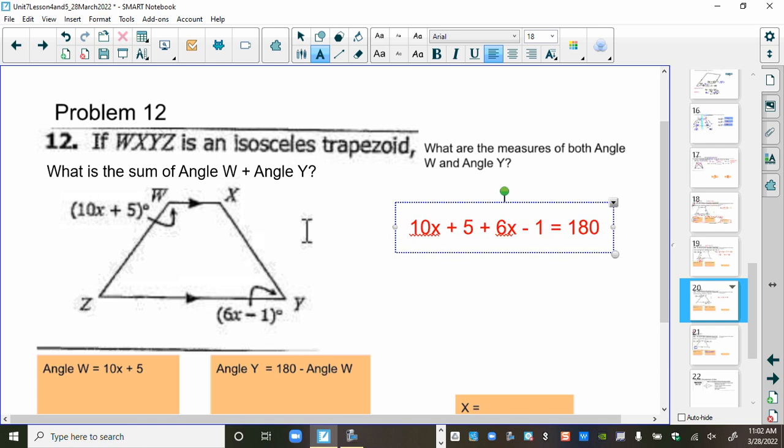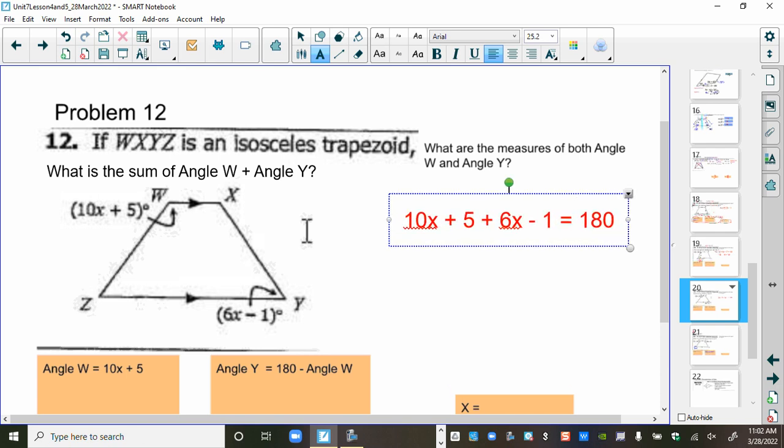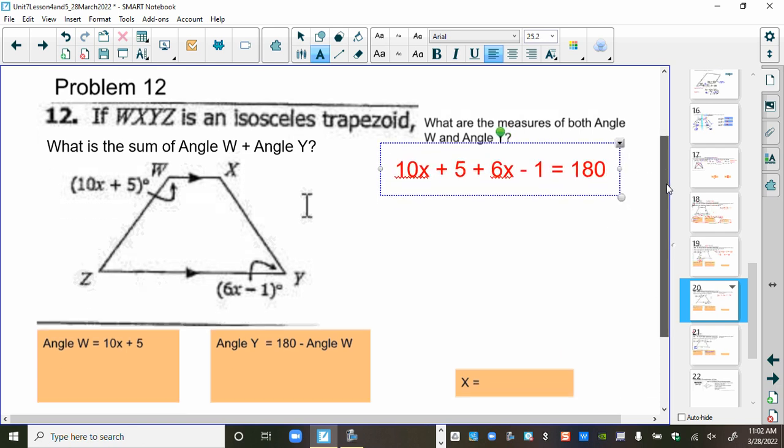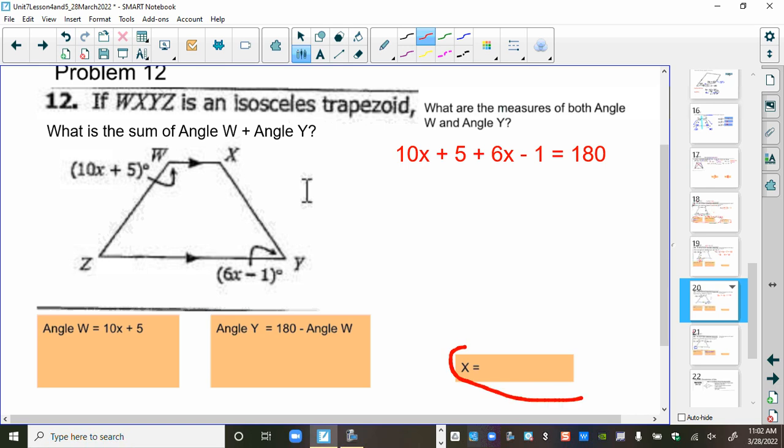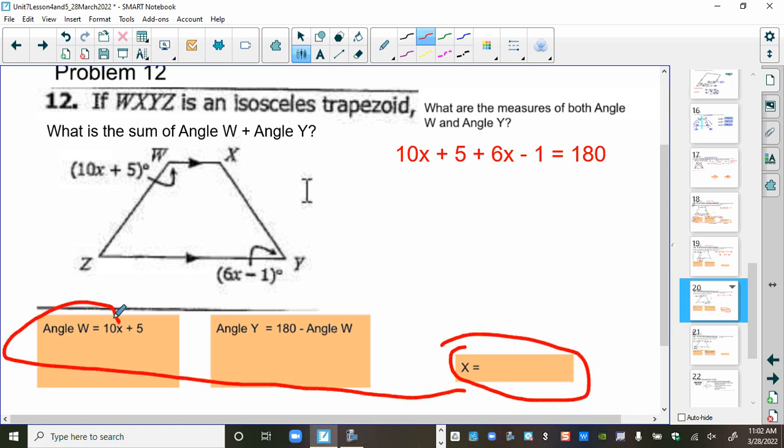Here's your clue. And basically, get your x, boom, plug it in. That's all I'm going to have you do. And then whatever you get for angle W, I'll help you find angle Y.